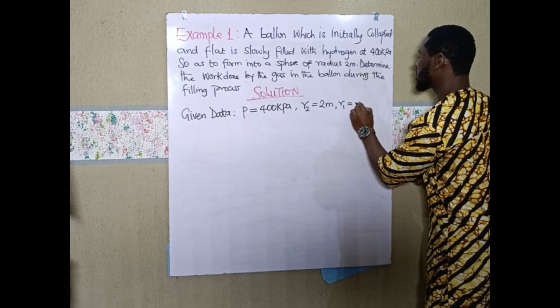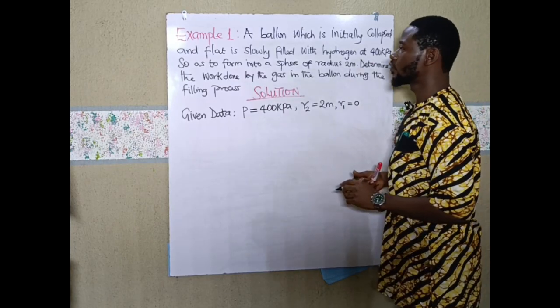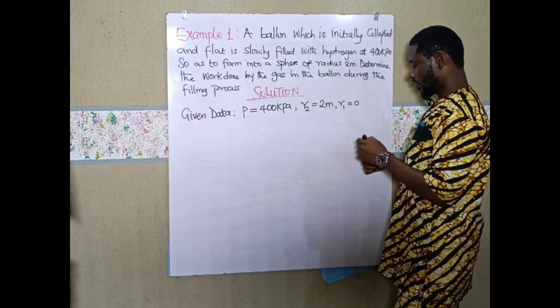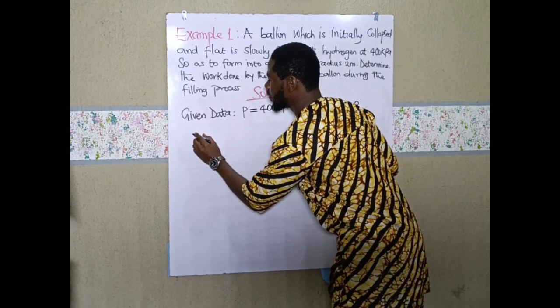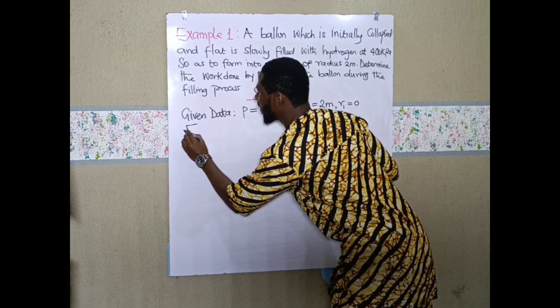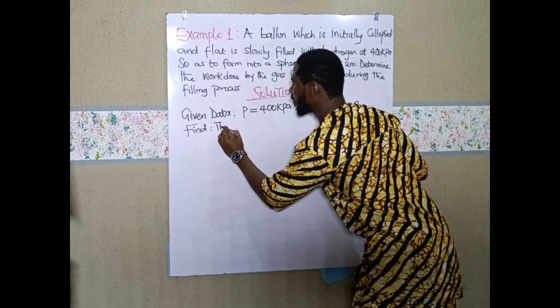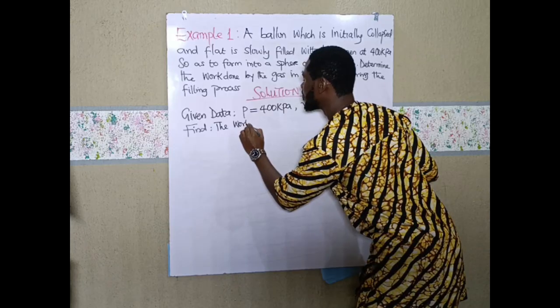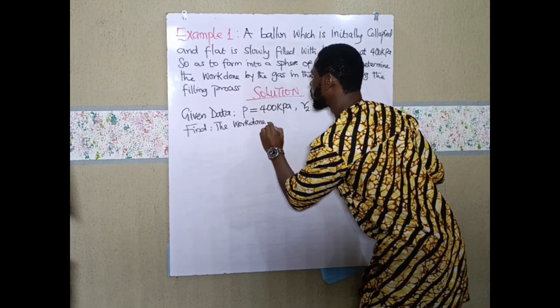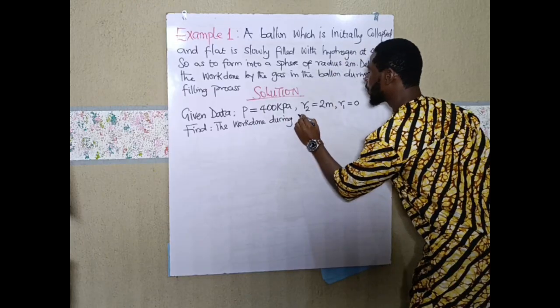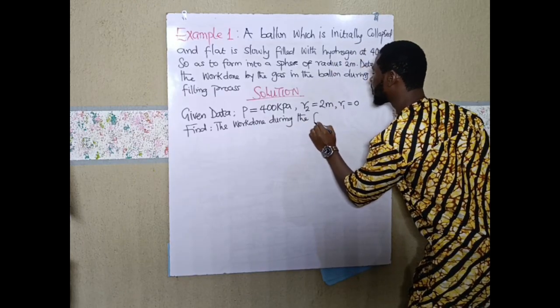R1 is taken as 0 as the balloon is initially flat. The next step is to define unknown. Find the work done during the filling process is to be determined.